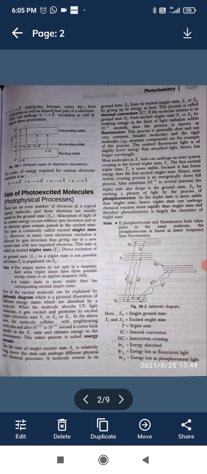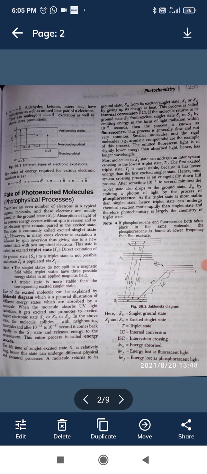So right here you can see a variety of processes happening in one single organic molecule by the excitation of electrons from a ground state to the excited state by absorption of UV radiation.